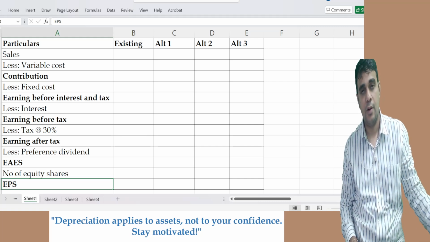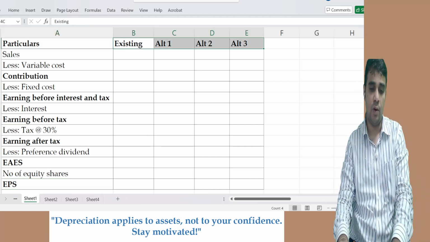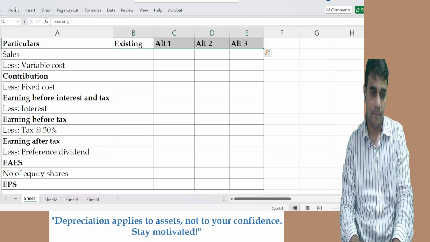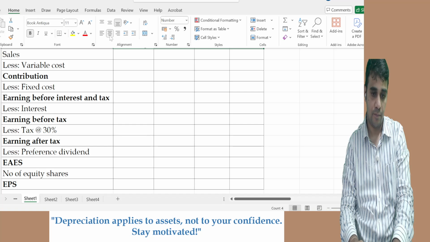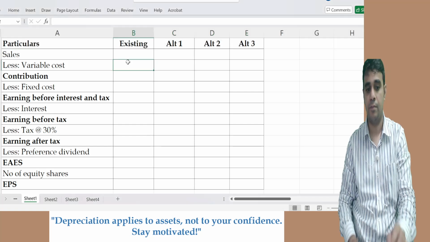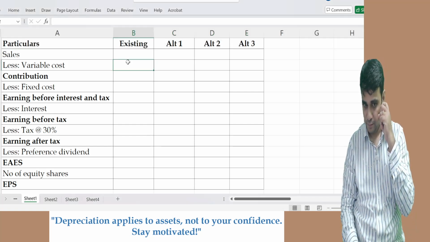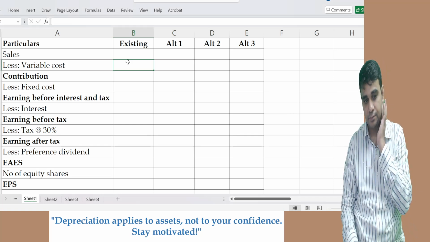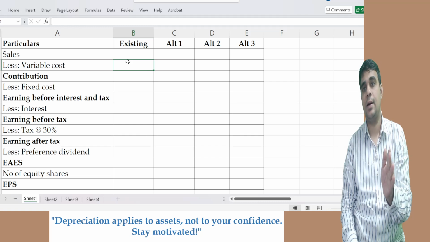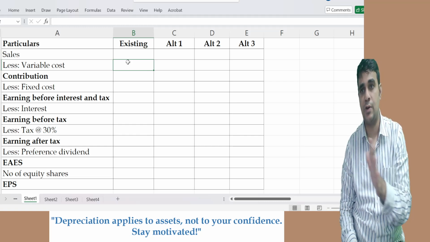We'll do the existing income statement and then make changes based on whatever the question has given.